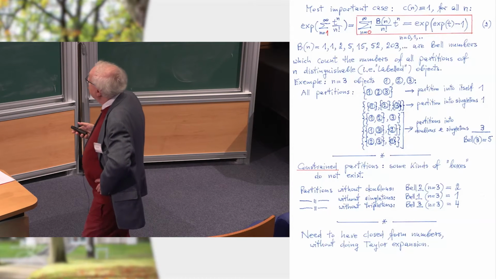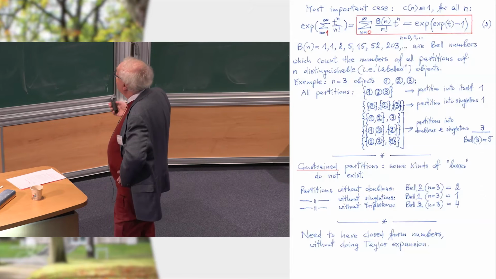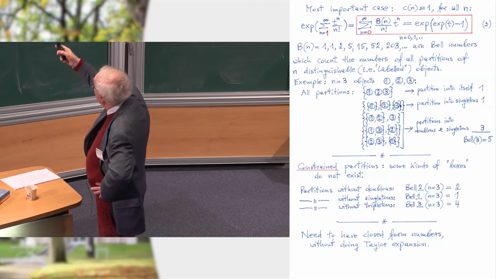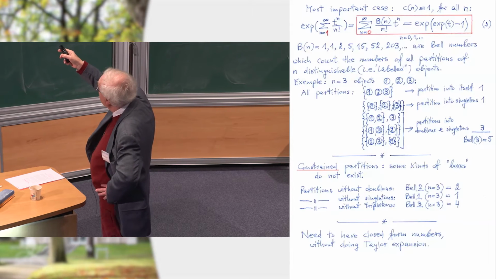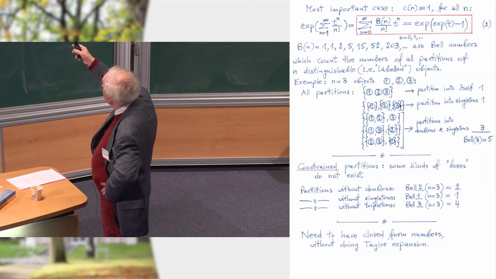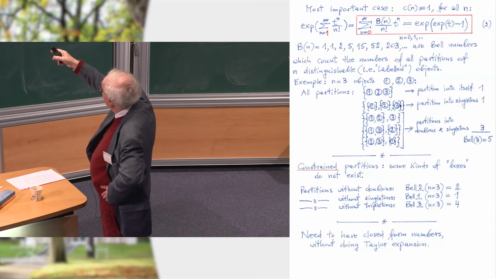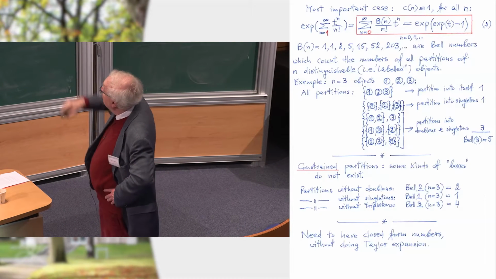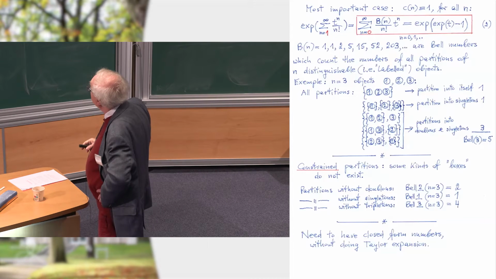For 3 objects, you have 5 partitions, which are enumerated here. There is a partition into singletons, there is a partition into a single block, and there are 3 partitions into a pair and a singleton. So the total number of all partitions is 5. That's why B of 3 is equal to 5.